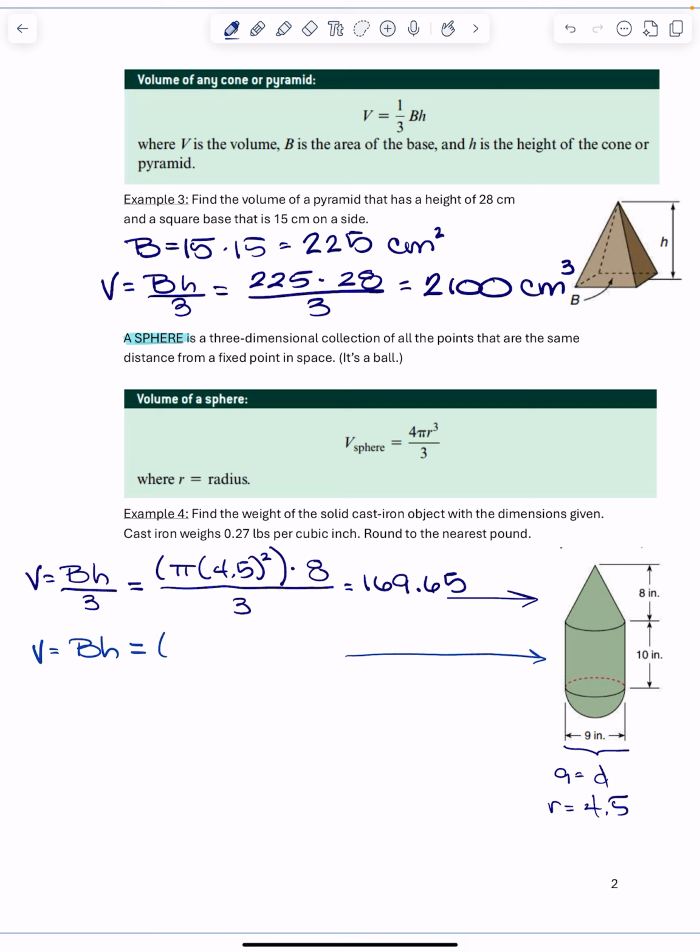Area of the base is the same. Pi times 4.5 squared. This time, though, my height is 10 inches. So I will give you a minute to write that down. And I got a volume of 636.17.